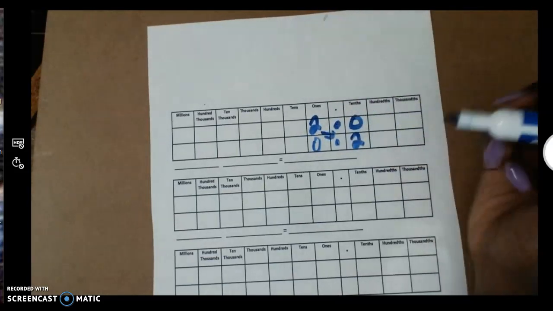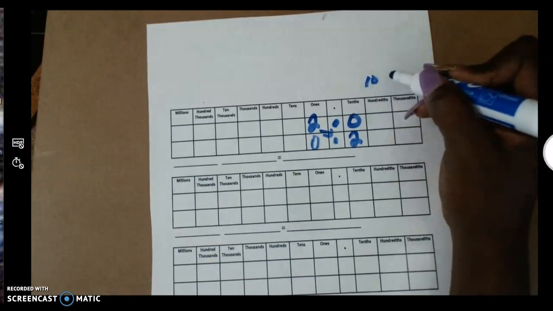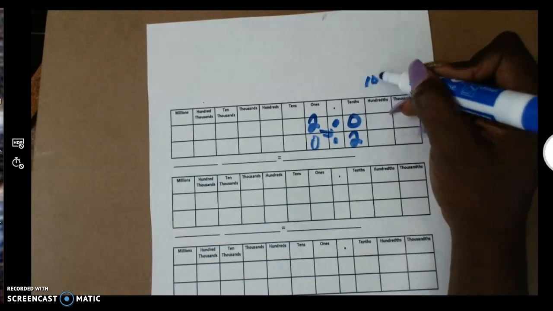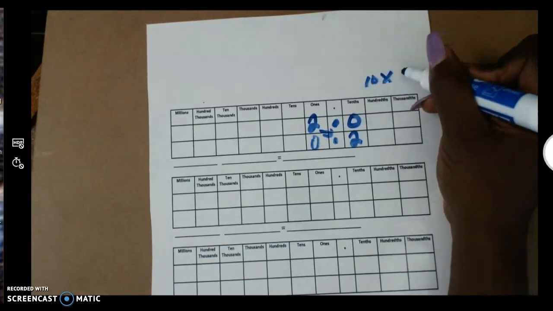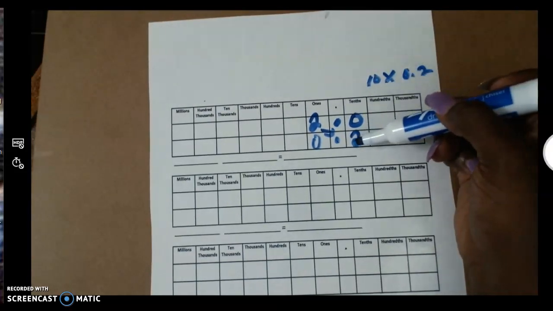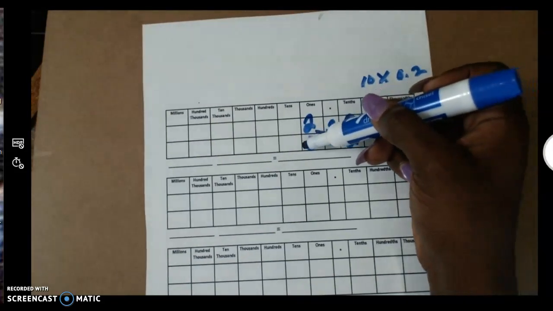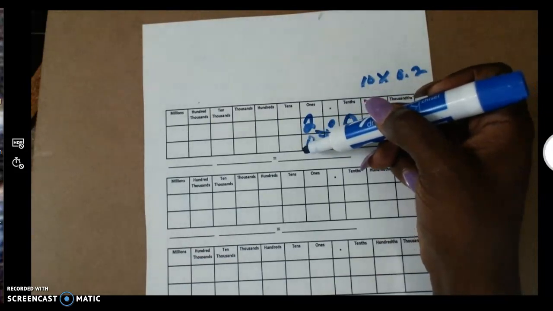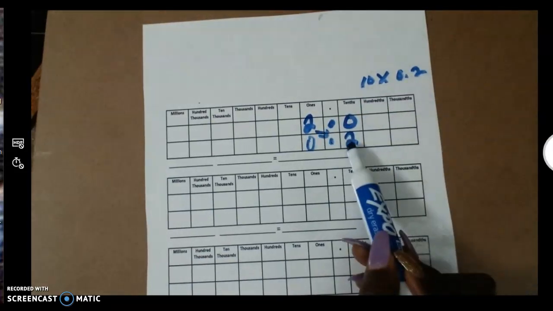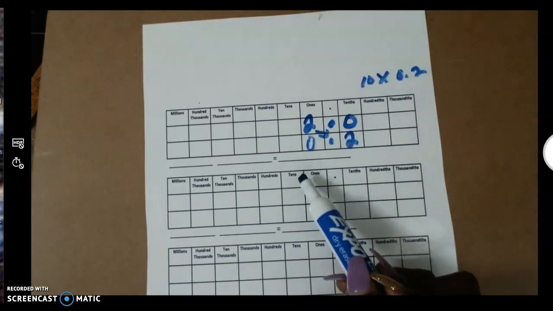Therefore, this 2.0 is 10 times greater than the 0.2. When I move from a least place value, or where the 2 is in the tenths place, and I shift or move one place value to the left, I am gaining value. Therefore, I will multiply times 10.